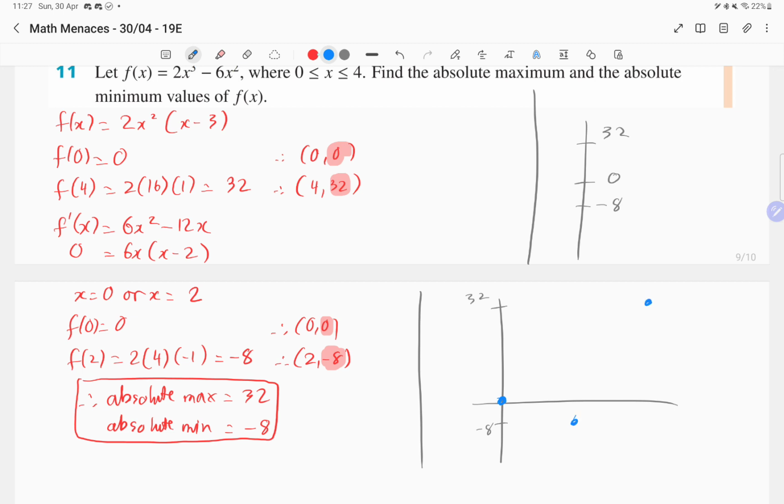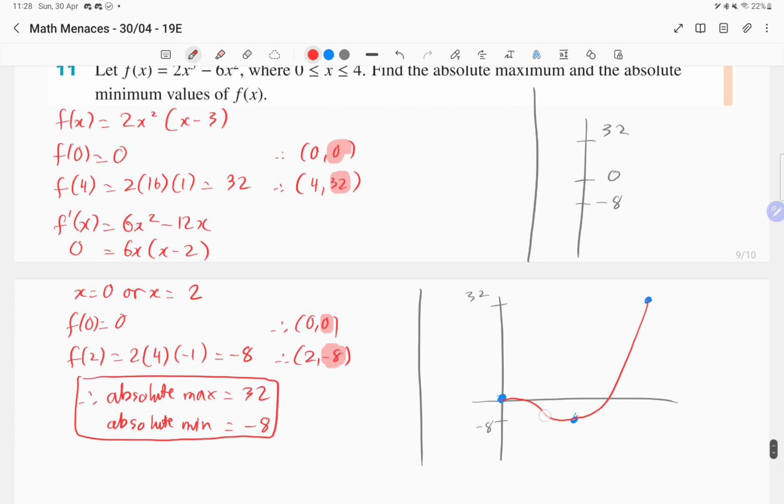The turning points are (0, 0) and (2, -8). So we go from here down to here, and then it comes back up, and it has to stop around here. Like that. Does it make sense? Yeah. So in this case, the local minimum is also the absolute minimum, and the absolute maximum is actually at the end of the function.